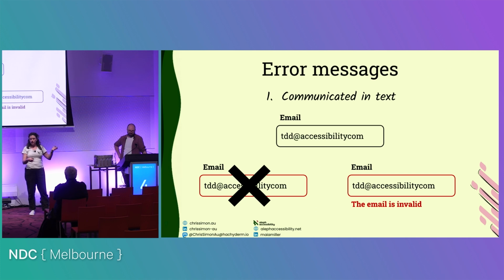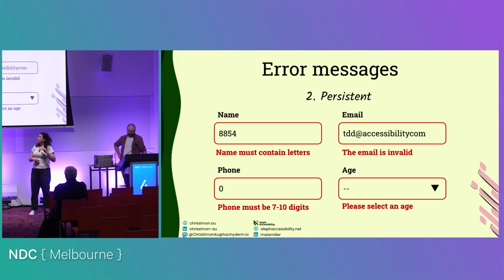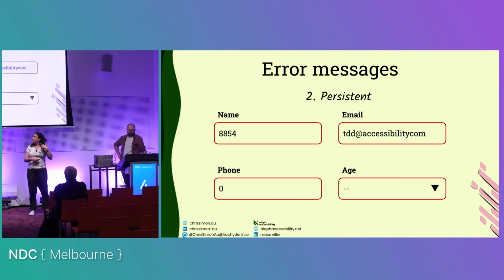So the second thing that we want to ensure when it comes to error messages is that it's persistent. Because what happens is if you're filling out a form and you've got errors, and our form is simple, there's just the one error, but you have a form with multiple errors in it, you might see those errors come up at first, but then if they disappear, what's the issue then, right?